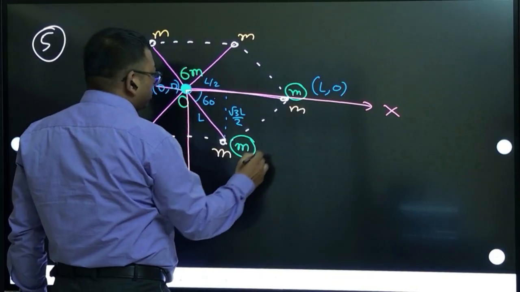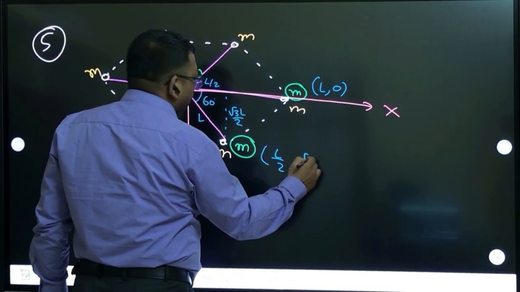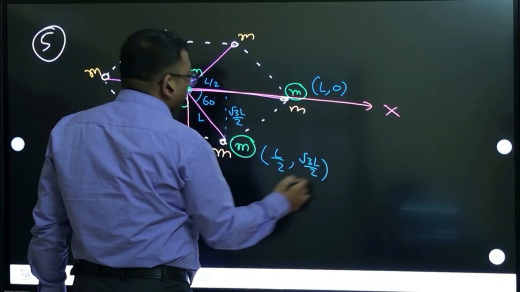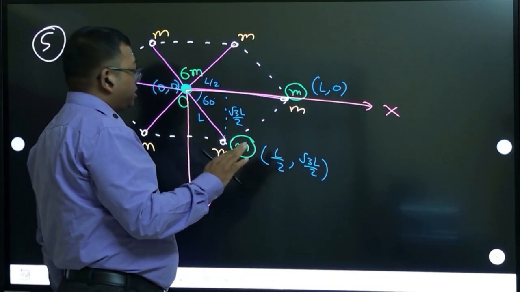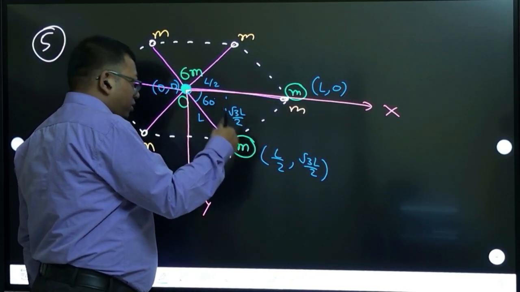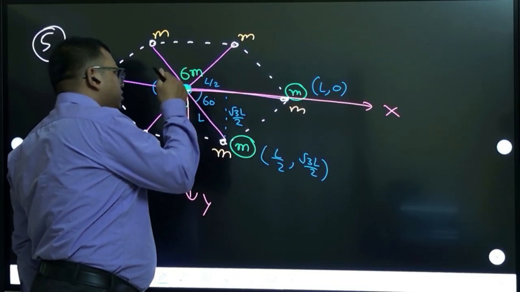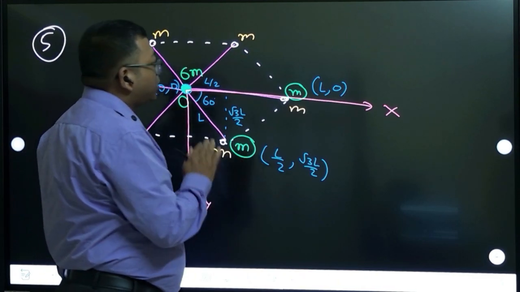So the x coordinate is L by 2 and the y coordinate is root 3 L by 2. I am taking this direction as positive, so do not worry, nothing is going to happen in the calculations, because we have to find the distance of the new center of mass from the original center of mass. So anyway, we are going to calculate distance, so no problem will happen.